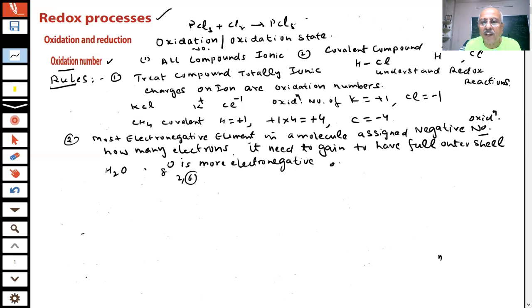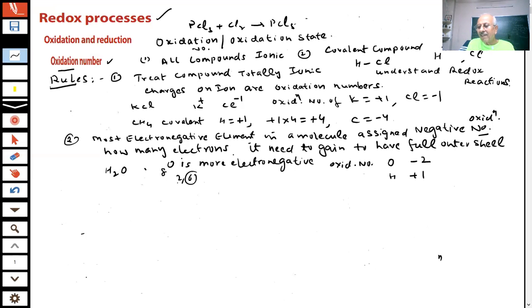So the oxidation number of oxygen is -2 in this case. And if it is -2, since the total compound is neutral, each hydrogen is +1. The more electronegative element gains the electrons.